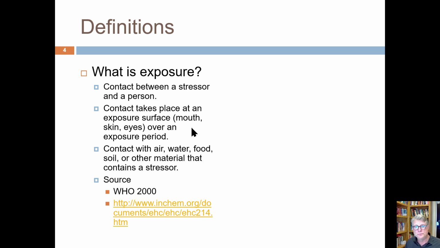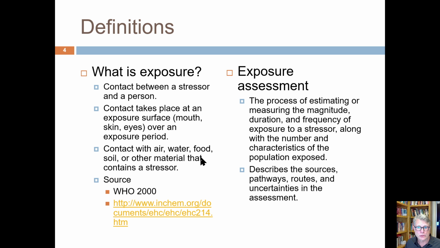And that contact doesn't just happen willy-nilly, right? It happens as we come into contact with air we breathe, water we drink, food we eat, soil that might be on our skin, or other materials like consumer products that contain a stressor. So that's a definition of exposure.